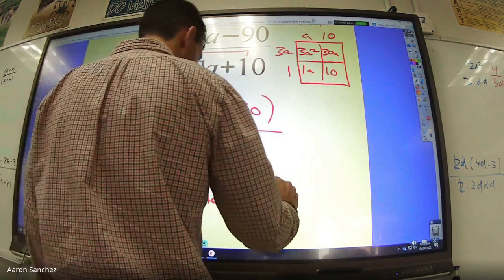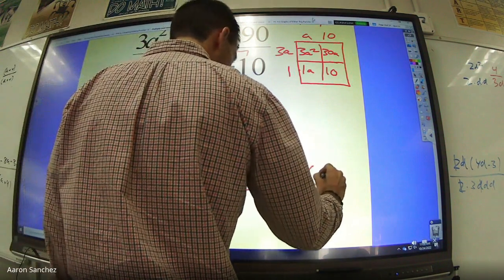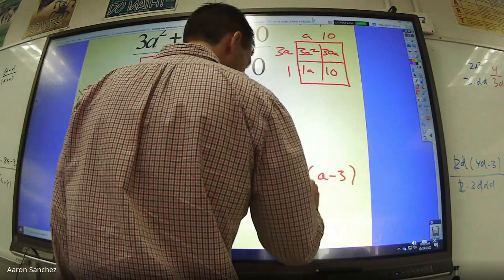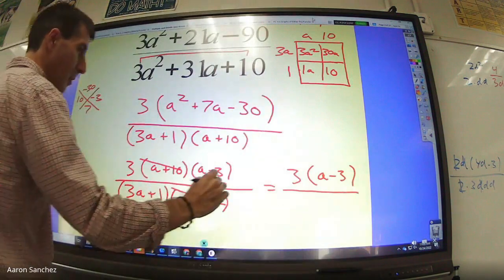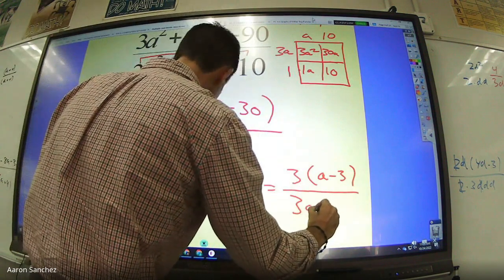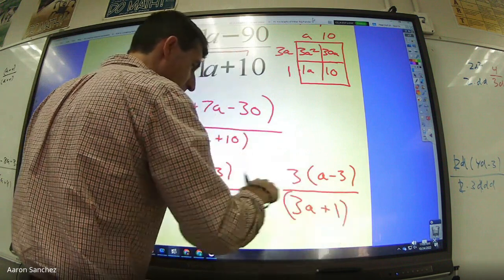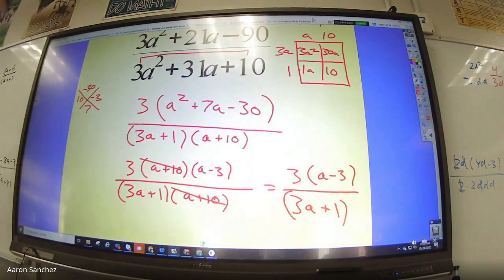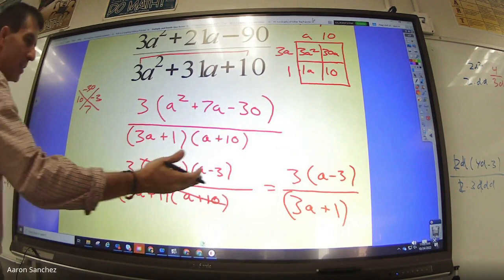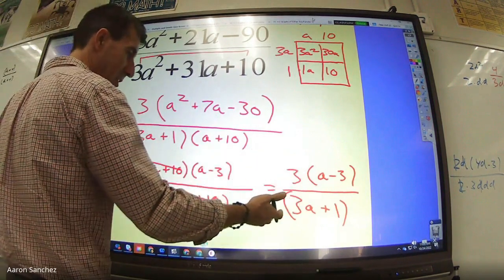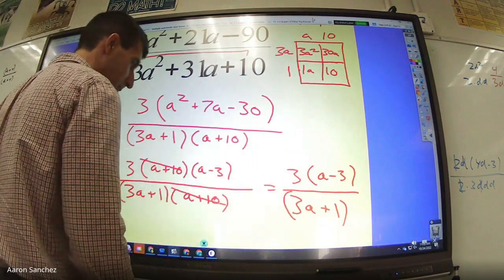And we got here 3 times a minus 3 in the numerator and 3a plus 1 in the denominator. I can't cancel out the 3 because it's not a separate factor. If I could factor 3 out of here, I could, but I cannot.